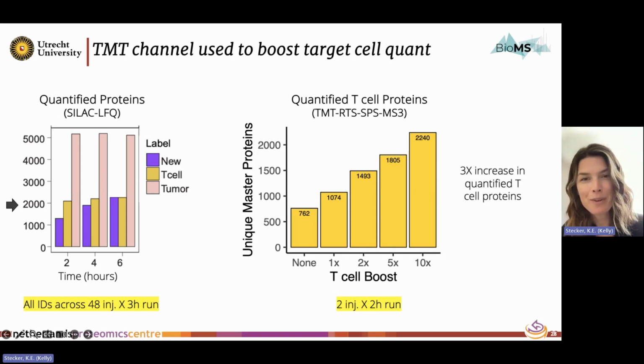And now with this HiSeq TMT approach using real-time searching and boosting, we're able to quantify more than that in just a 2-hour run. So this is really exciting. And of course, when you get this quantification, you get it across all of your channels, all of your treatment conditions. So really, we'll be able to extract a lot of quantitative trends from these 2,000 proteins.